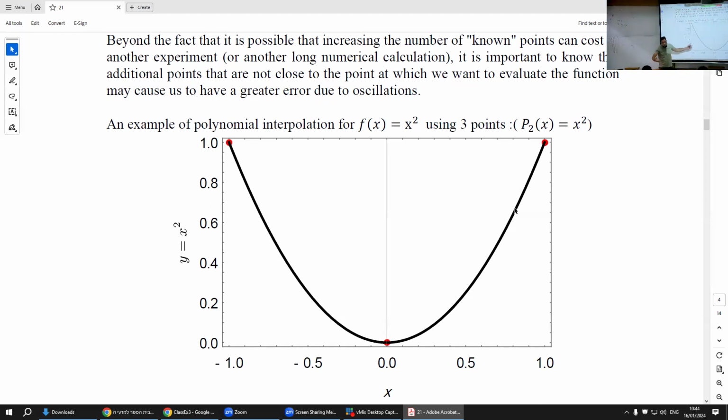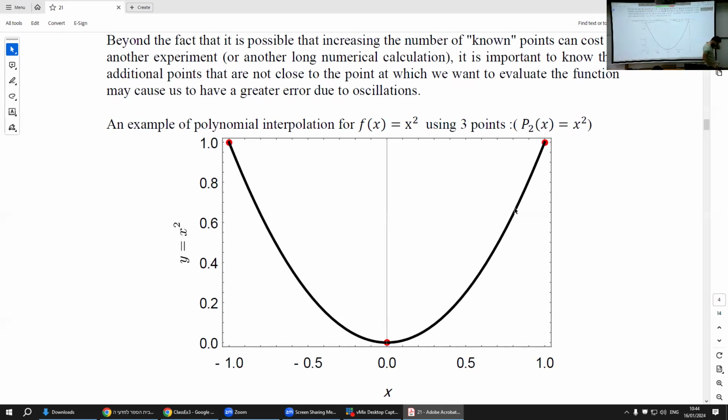We know that there is only one quadratic function that goes through these points, and that's x squared. And my interpolation here is x squared, and my interpolation here is x squared.